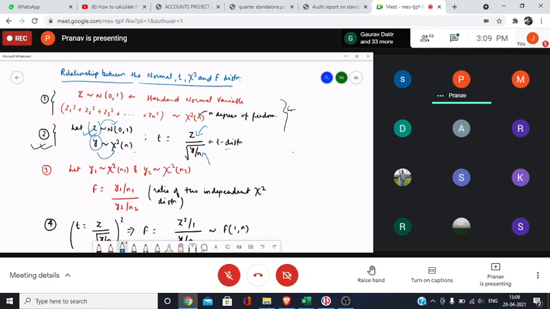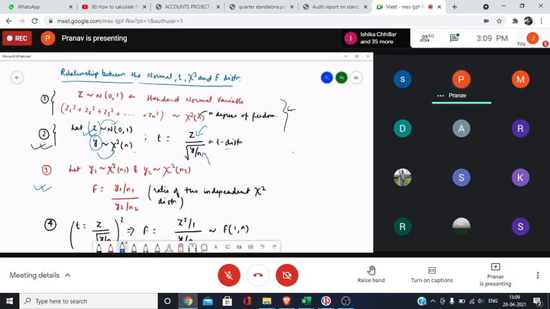Third, this was a relation where we understood what the f distribution actually is. An f distributed random variable is defined as a ratio of two independently distributed chi-square variables with their respective degrees of freedom.